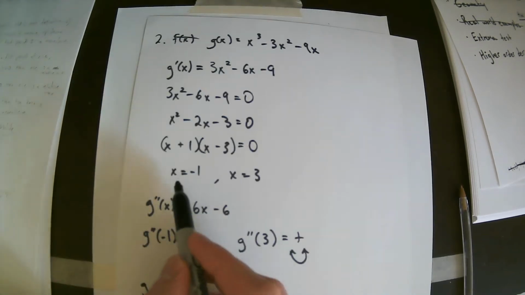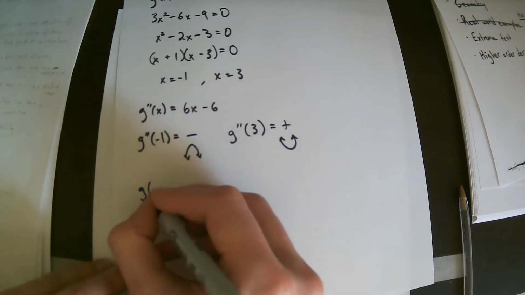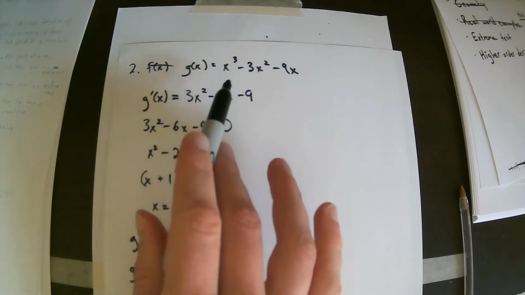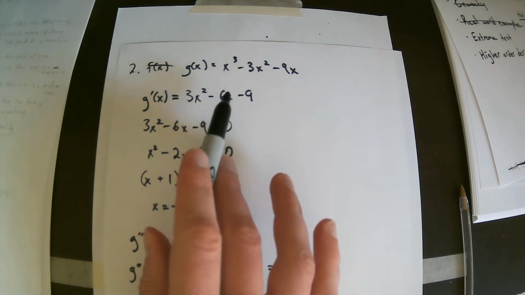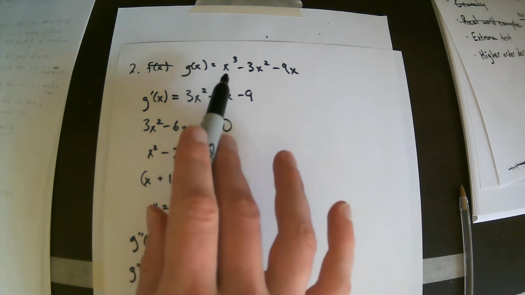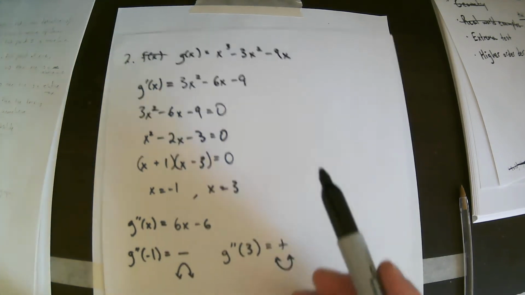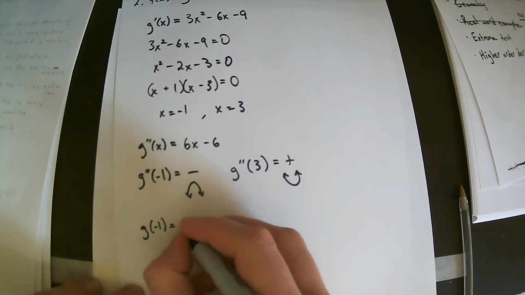I need to know the y values for each of these points. g of negative 1 is going to be plugging negative 1 into this. That'll be negative 1 minus 3 is negative 4 plus 9 will be 5.